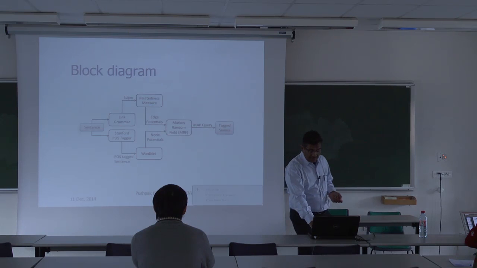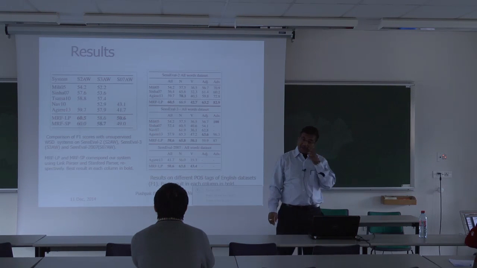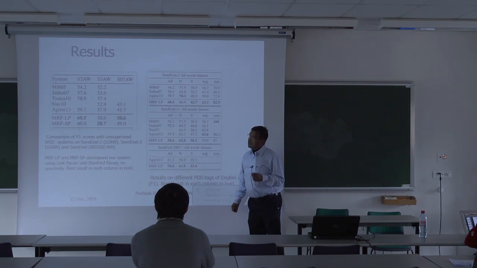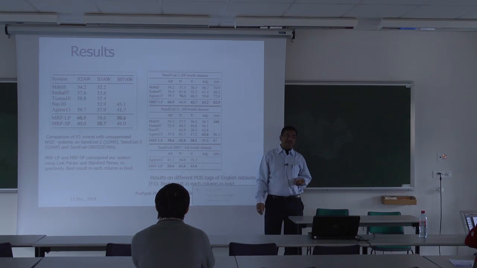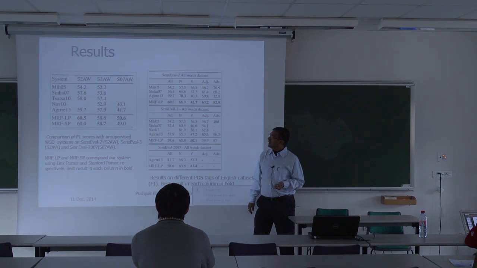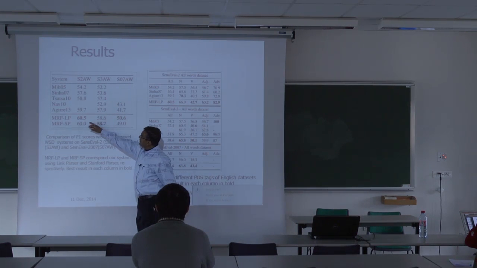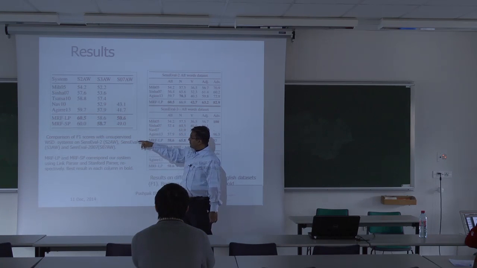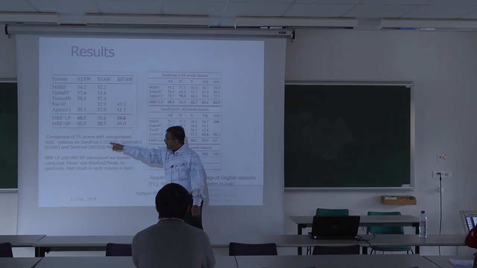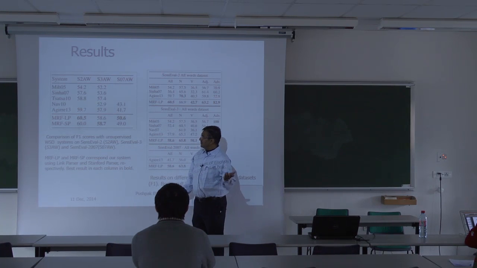What kind of accuracy do we get? Maybe that is why the paper got accepted, because in terms of idea it is a simple application of Markov random field, but we seem to be doing better than the reported results. SensEval is a standard task.